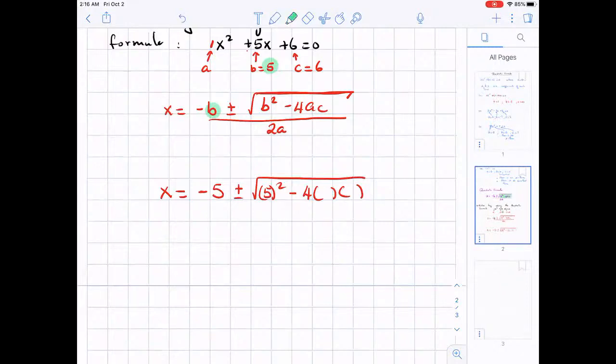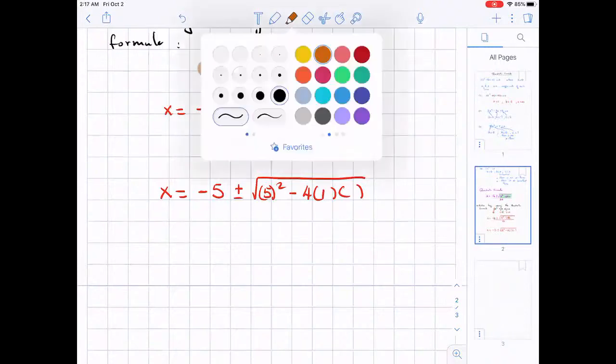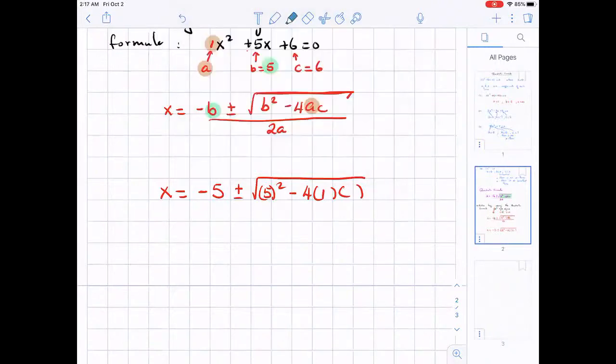So we have minus 5 plus or minus the square root of, remember b is 5, so that becomes 5 squared, minus 4, and I put these in parentheses. So we want to know now what is a. a we know is 1. And then we also want to know what is c, and c we know happens to be 6. All of that divided by 2 times 1.